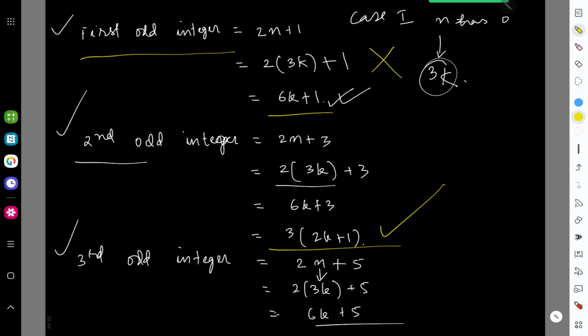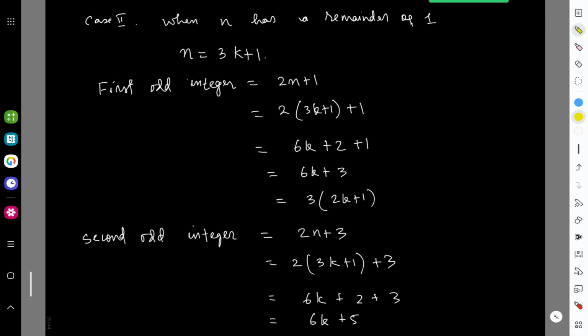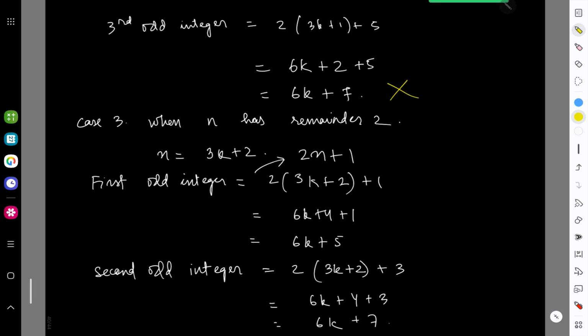For the third odd integer, 6k plus 5, no. At least one of them is a multiple of 3, so for this case the condition has been satisfied. Moving on to the second case, yes, at least one of them is a multiple of 3. Again, the condition is satisfied.